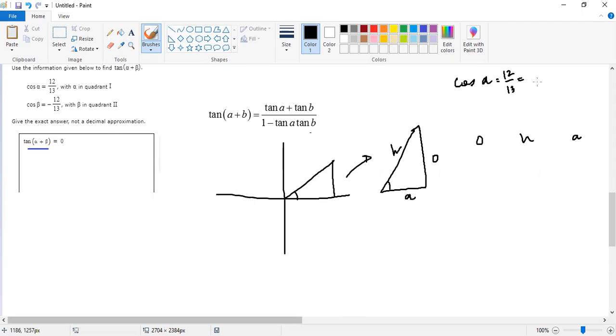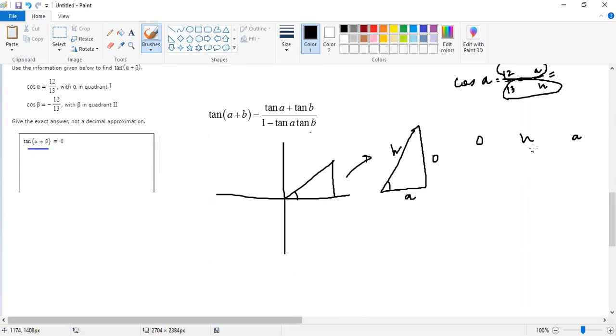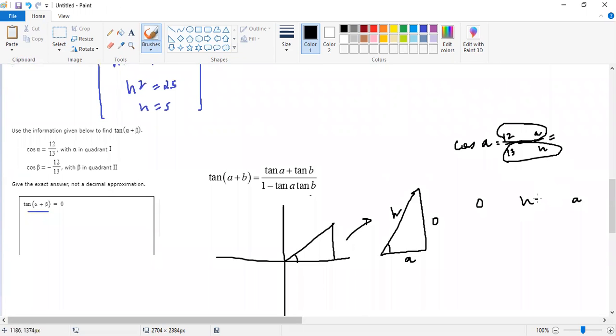And we also know that the cosine of any angle is A over H, per SOHCAHTOA, which means that 12 is our adjacent and 13 is our hypotenuse. So our hypotenuse is equal to 13, and our adjacent side is equal to 12.